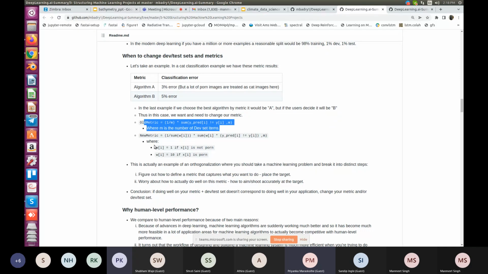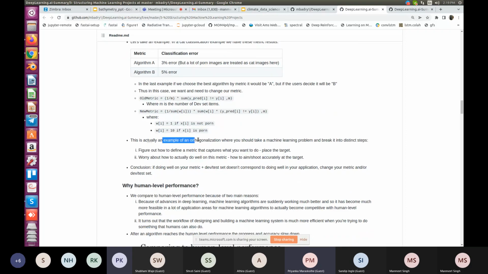And your new metric you would define by weighting the images where your predictions go wrong. So w i is equal to 10 if, for example, a lot of porn images are also being treated as cat images. So you would basically penalize your evaluation metric and increase it. That is what is being done here.